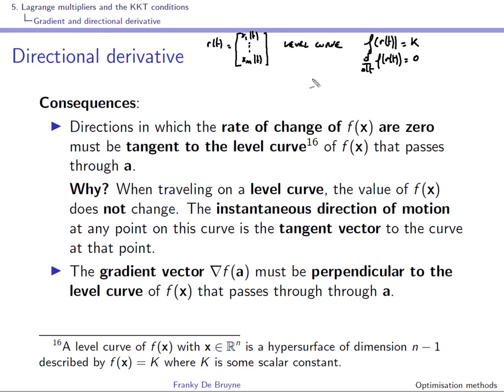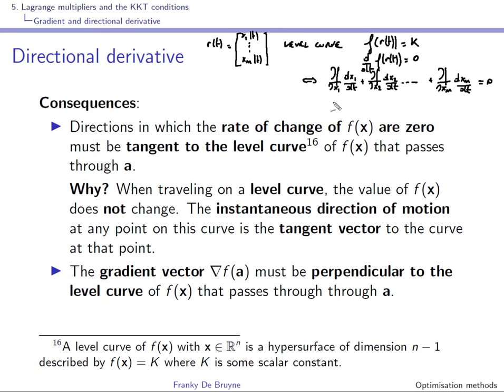And this is equivalent to, well, we'll have to take the chain rule. We'll have to take the partial derivative of f with respect to x1 times dx1/dt plus the partial derivative of f with respect to x2 times dx2/dt, and we do this for every component, up to the partial derivative of f with respect to xn times dxn/dt, and this is 0, right?